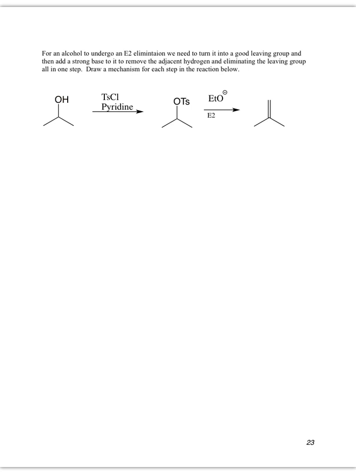So if we needed to do an E2, in the E1, remember, we formed a cation. The cation can rearrange also if we don't form the most stable cation. So with a cation, we lose a lot of control of the reaction. With an E2, we form our leaving group, and our leaving group can be displaced by having a strong base come in, form the double bond, and kick off the leaving group.